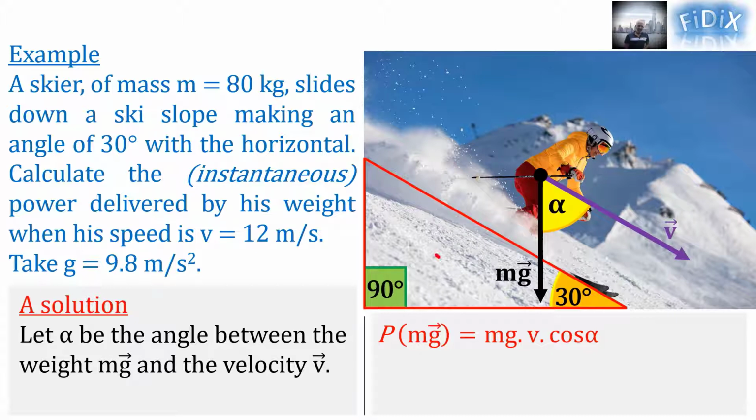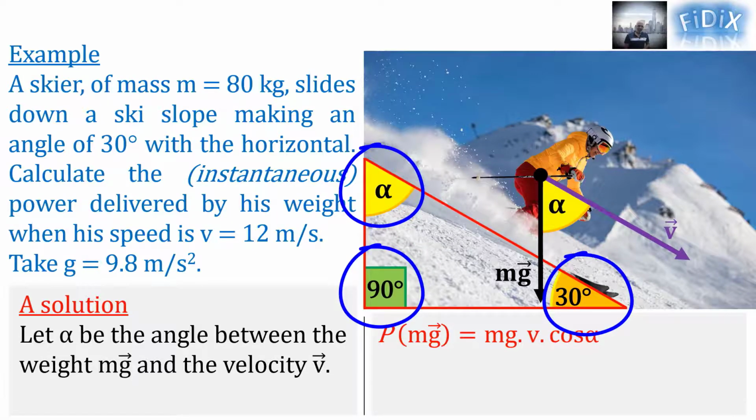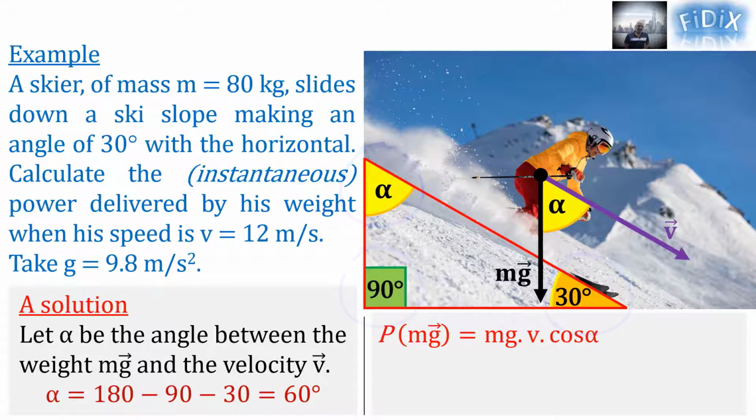The angle between the vertical side of the triangle and its hypotenuse is equal to alpha since their sides are parallel. And since the sum of the angles of a triangle equals 180 degrees, alpha equals 180 minus 90 minus 30 equals 60 degrees.